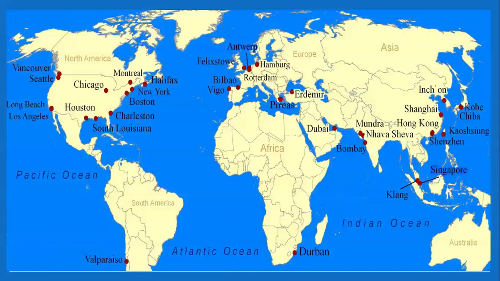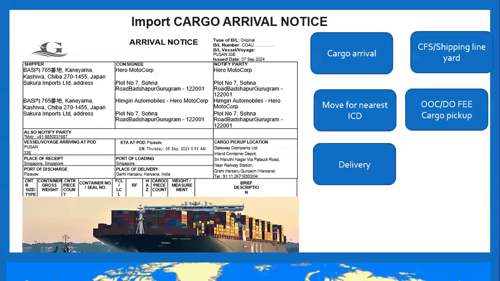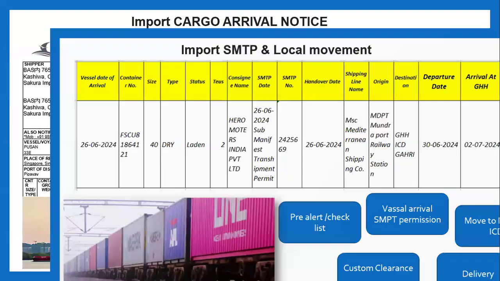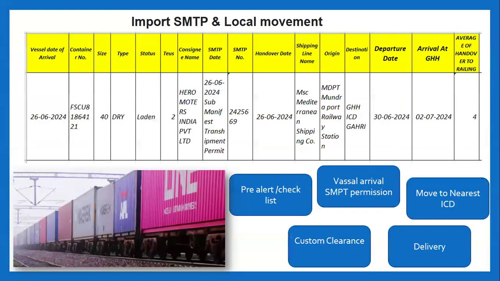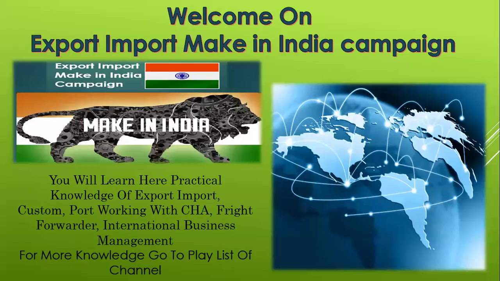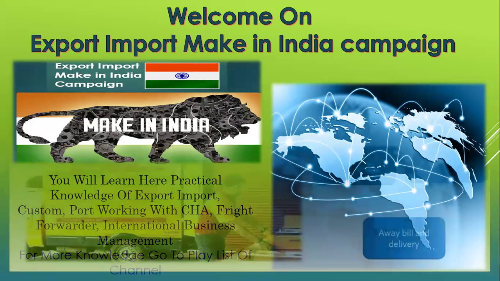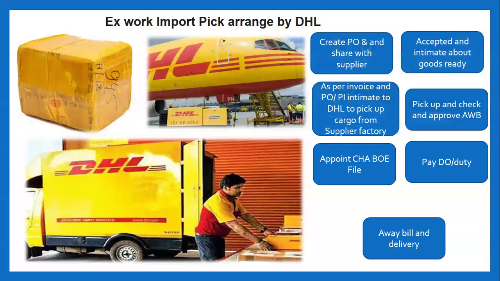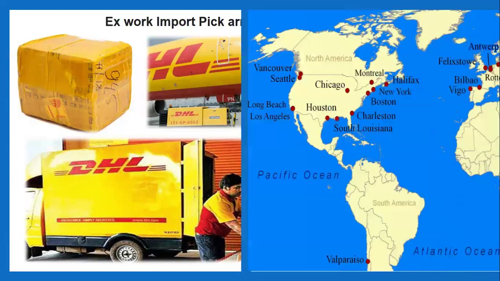Friends, in this session we have tried to understand the pickup procedure in an import case with Incoterm Ex-Works, and how the pickup needs to be arranged. As this shipment is on Ex-Works terms, all the expenses will be borne by the importer. Here we are the importer and we have to pay all the charges.